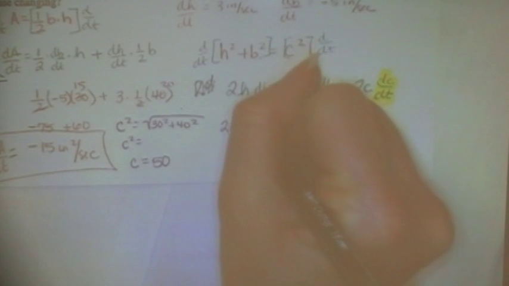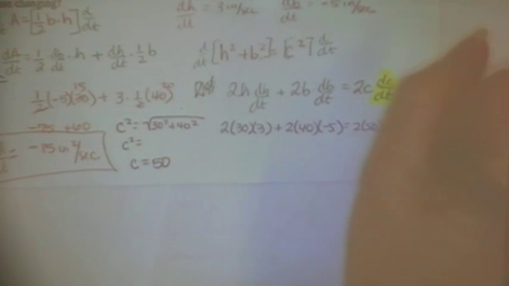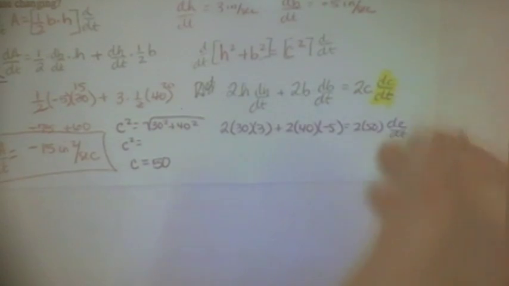So easy. Okay, so 2 times 30 times 3 plus 2 times 40 times negative 5 equals 2 times 50 dc dt. Now it's just simplifying. 180 minus 400.